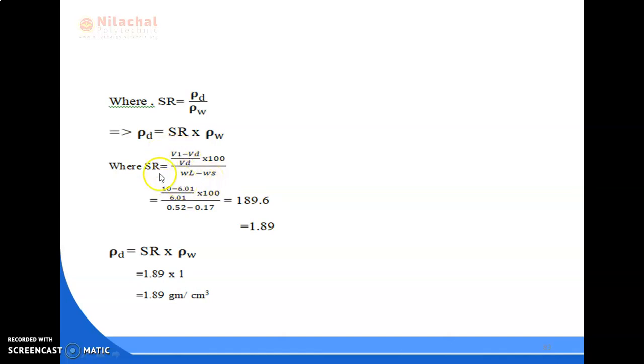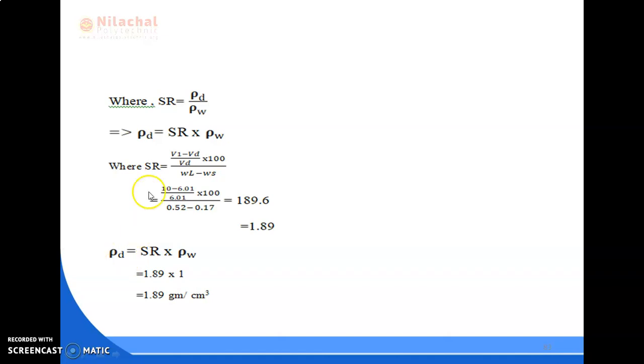So all these values are known to us. V1 we know 10, VD 6.01, divided by 6.01 into 100, whole divided by liquid limit 0.52 minus 0.17. So our answer is 1.89. This is our answer, 1.89.